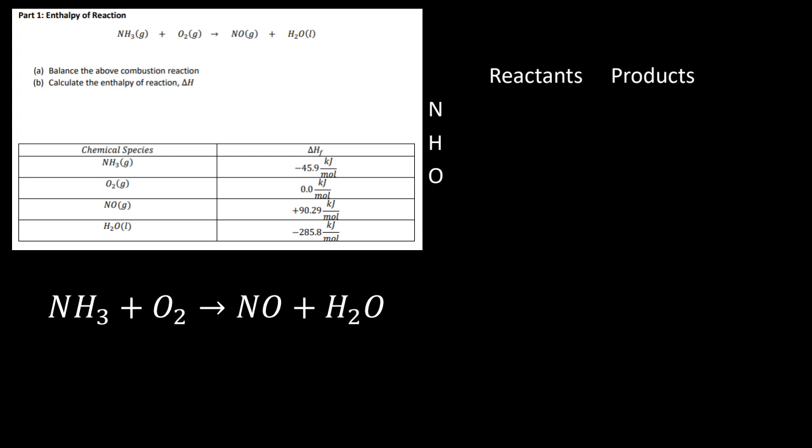We have our chemical reaction, and what we need to see is how many of each atom we have on both sides. The only three types of atoms or elements we have are nitrogen, hydrogen, and oxygen.